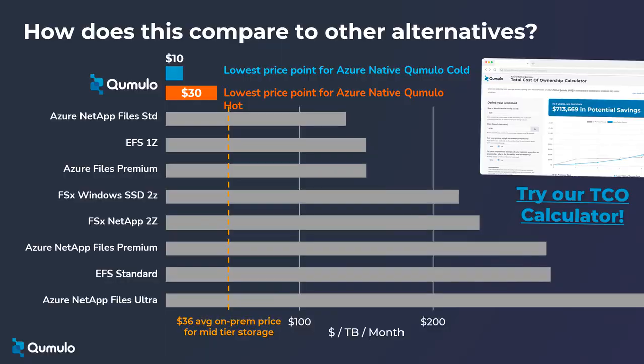If you delete data, you just pay for what you use, so it's based on used capacity, not provisioned capacity. And because of that change in architecture to move to object storage on the back end, we can do it for substantially less cost than any of our competitors.